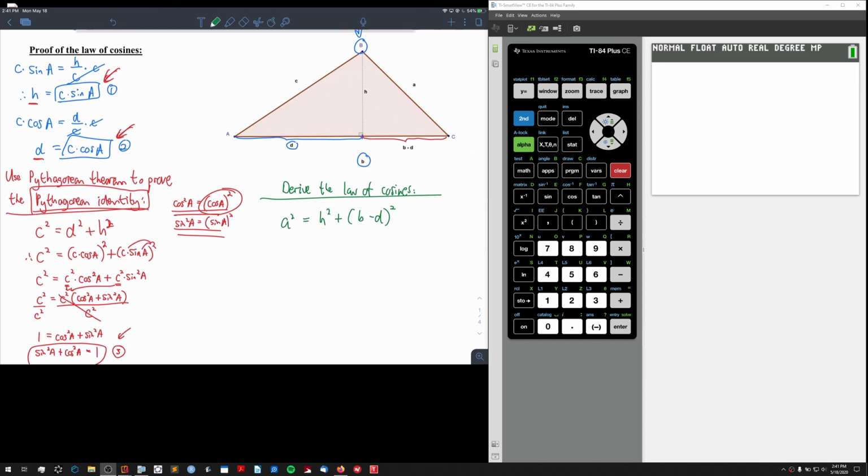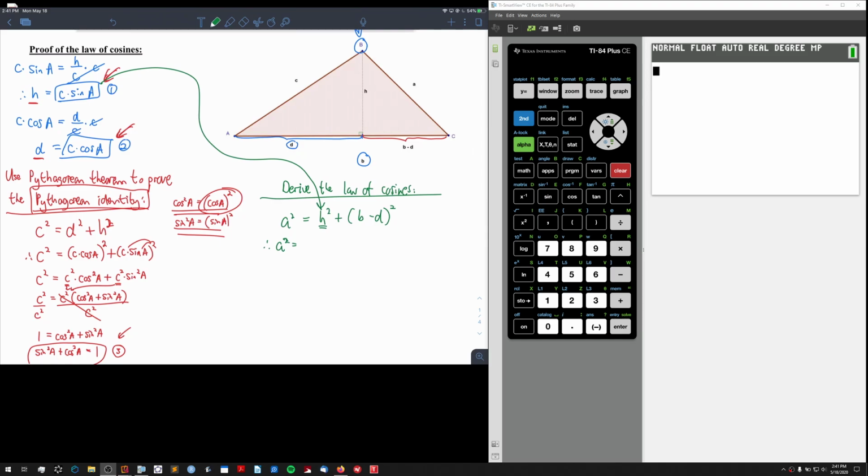Okay. So let's simplify that a little bit. a squared equals h squared plus, and I can expand this. Actually, let's just leave it like that, and let's do this. The proof I have on my completed note sheet works this way, so I'll stick with that one. I have an h here, and I have h here. So I can take this h and plug it in here.